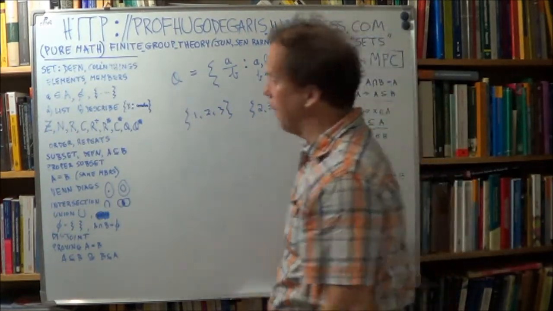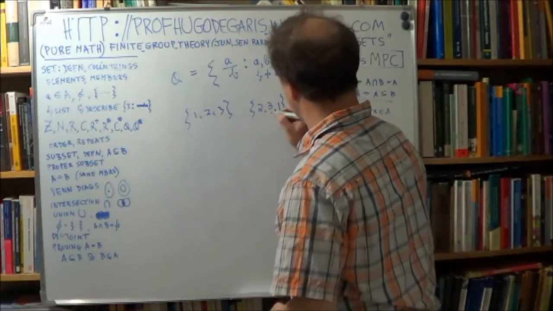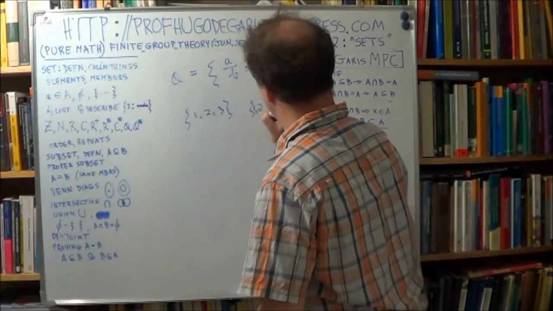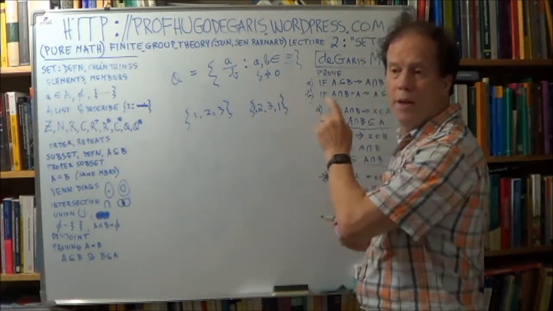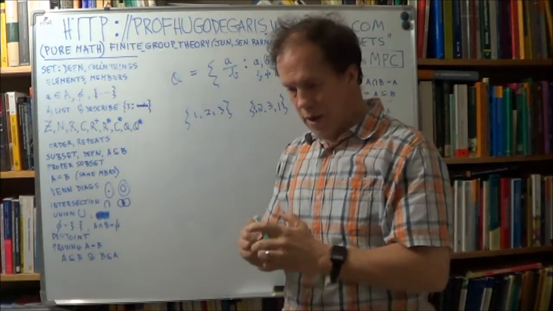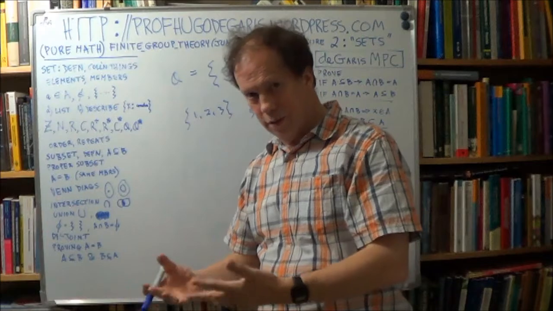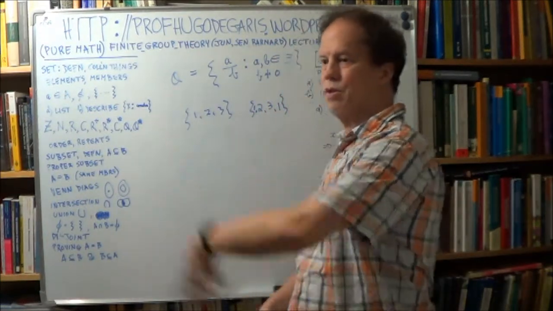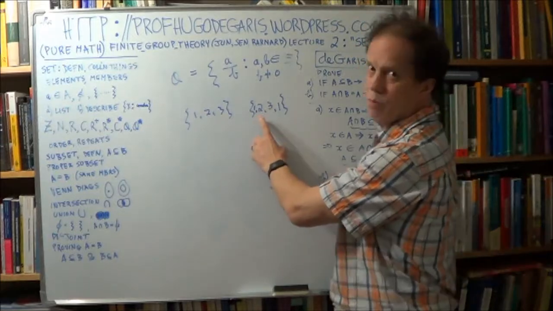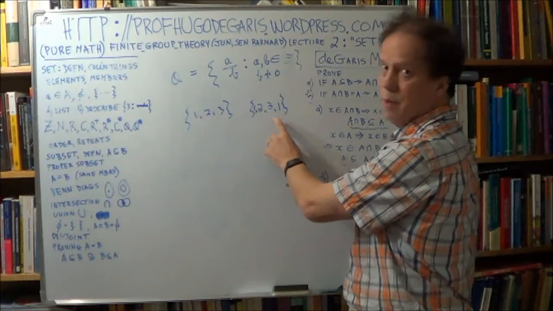And repeats, like if I put another 1 in here, don't count. So a set is a collection of distinct or different elements. If you have repeats, you just throw out the repeats and leave just one of them. So 1, 2, 3, 1 is just the same as 1, 2, 3.